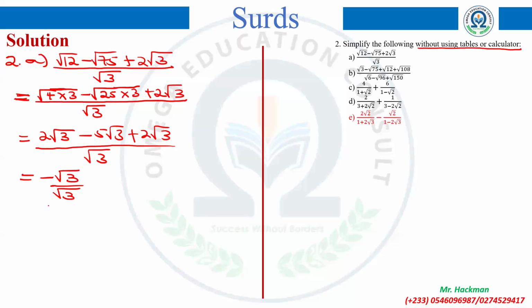So at this point, this is what we have. This can cancel this. So in effect, you'll be left with 1. So instead of writing 1, you come and conclude. I will draw my conclusion at that point. So root of 12 minus root of 75 plus 2 root of 3, all over root of 3, will be equal to minus 1.